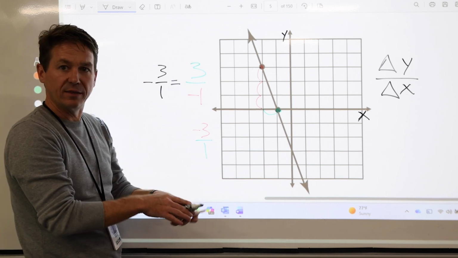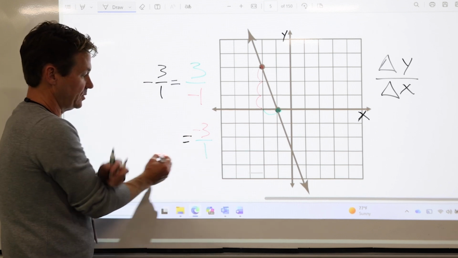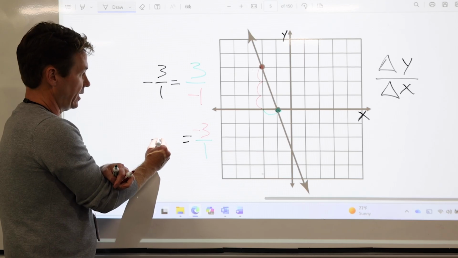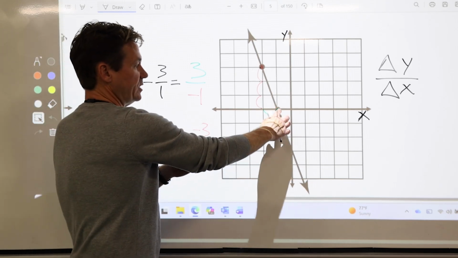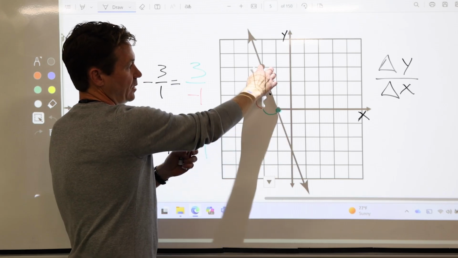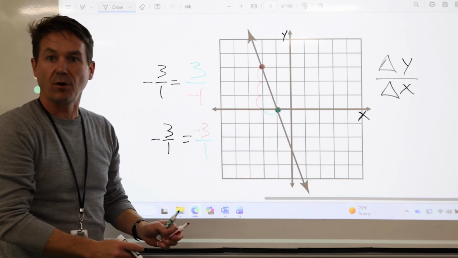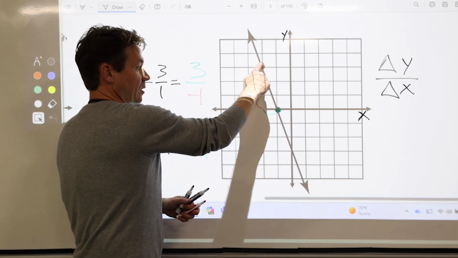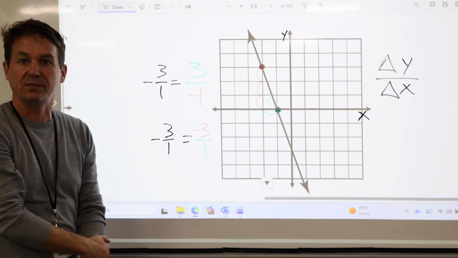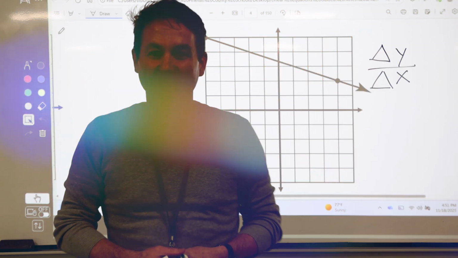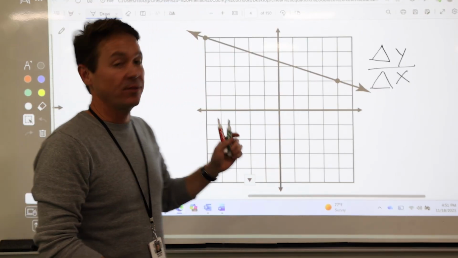Okay, let's rewrite that in its simplest form. It looked like -3 over 1. So no matter what, if we start at this bottom point and go to this point that's farther up, or if we start up here and go down to this point, we are still going to end up with the same slope.